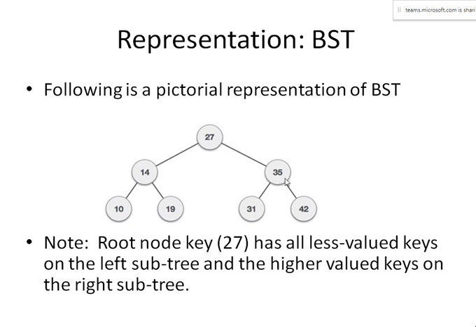If you observe the right subtree, the node having value 35, its left child has value 31, whereas its right child has value 42. So this keeps on increasing in this fashion. If you further keep on adding nodes to this binary search tree, it will maintain this property till the end.